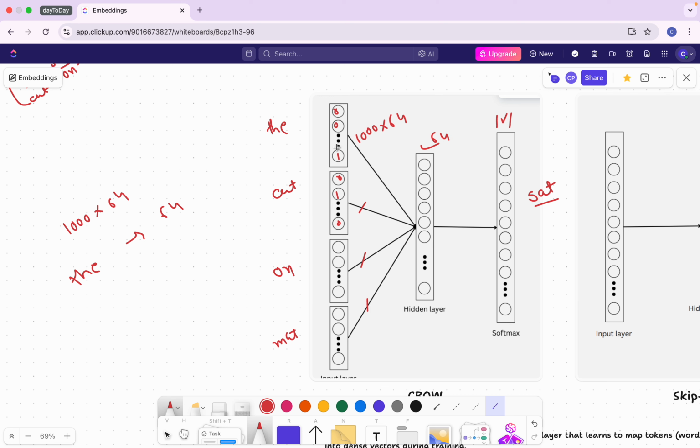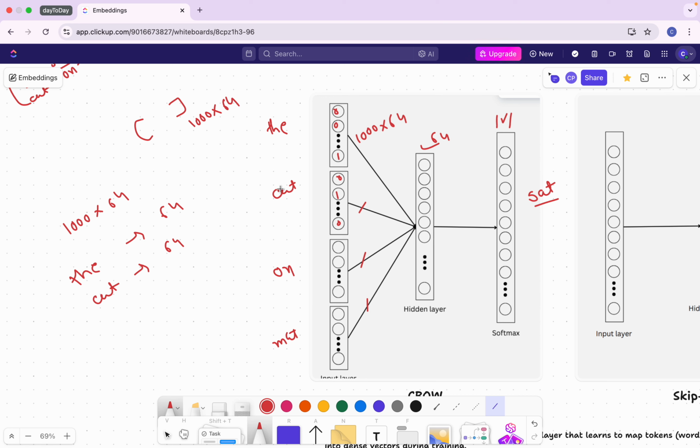If I provide one hot encoding of "cat" here, I will again get a 64 dimension vector, right? So I will apply one hot encoding for each word and take this 64 dimension value as an embedding, and I will create my own embedding matrix for my vocabulary, which will be 1000 cross 64, right?